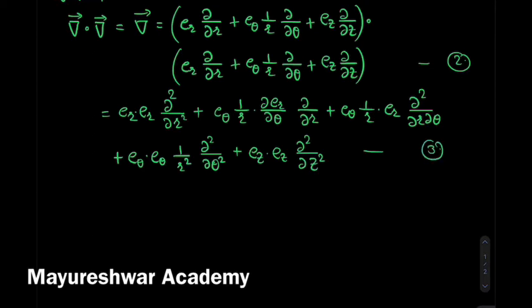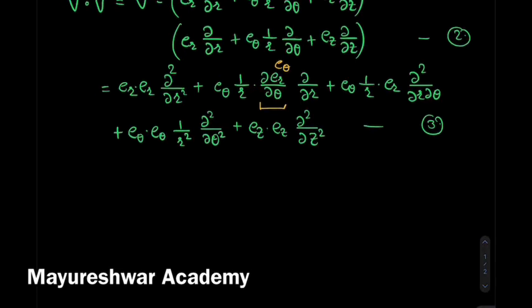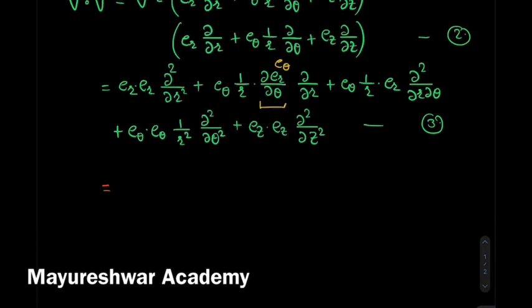Now we already know that the definition of ER d theta is E theta, and there are the identity operators which we need to make unit because of the dot product, the scalar product, and E theta into ER is 0. Similarly E theta and EZ, the same terms, will make a unit entity.